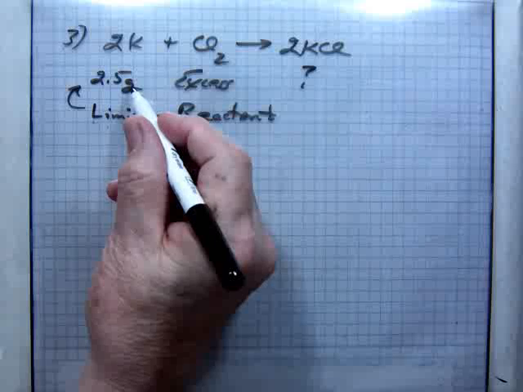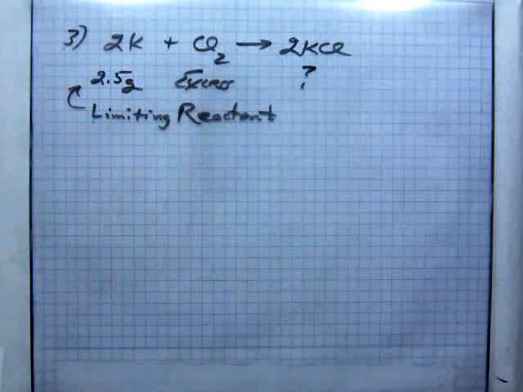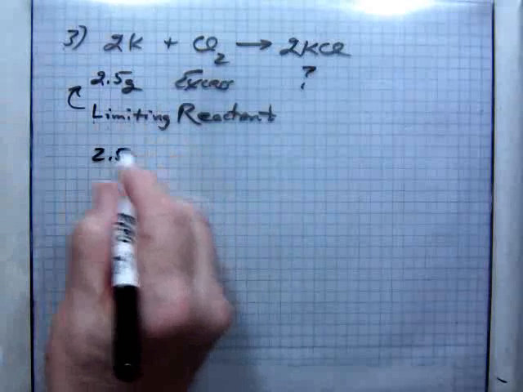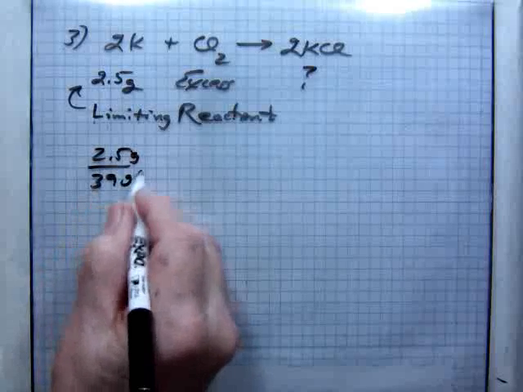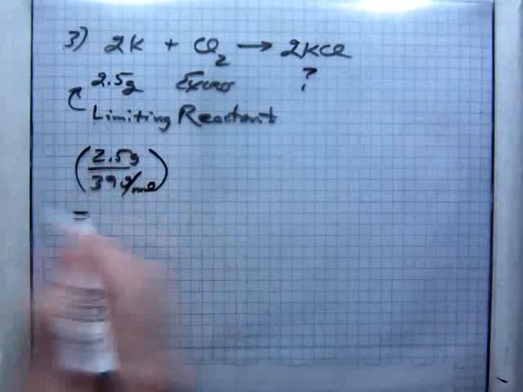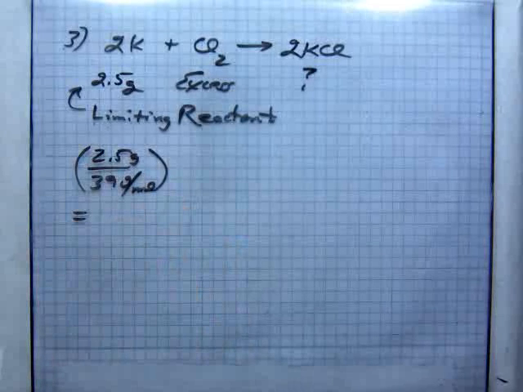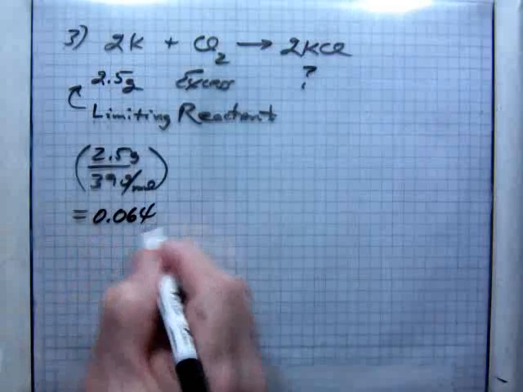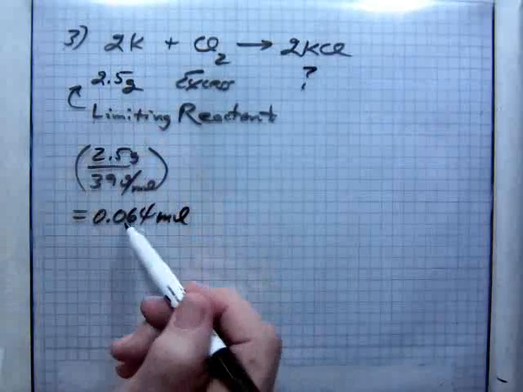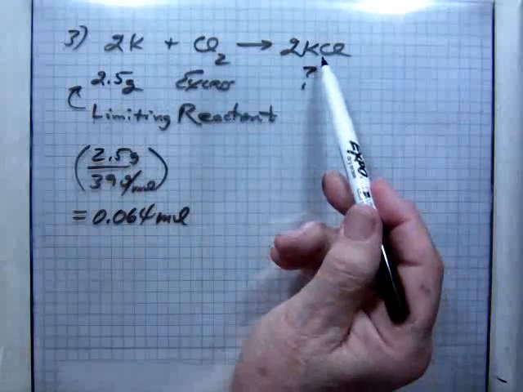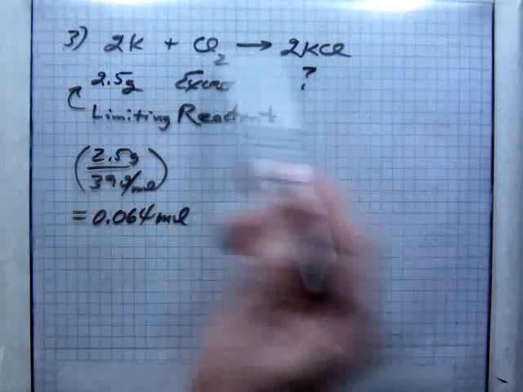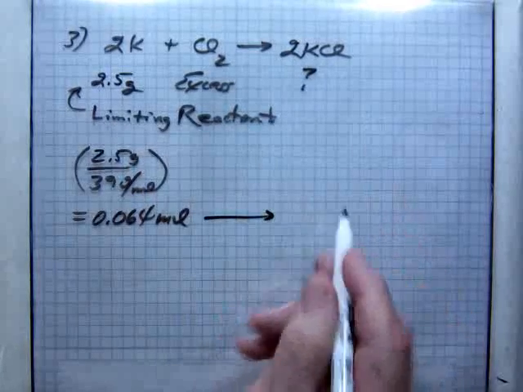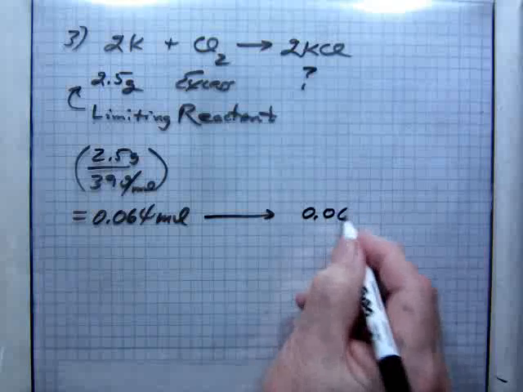So 2.5 grams of potassium, which is 39 grams per mole. So 2.5 grams over 39 grams per mole is 0.064 mole of the potassium. Now 2 moles gives 2 moles. Since the coefficients are identical, the yield of this will be 0.064 mole.